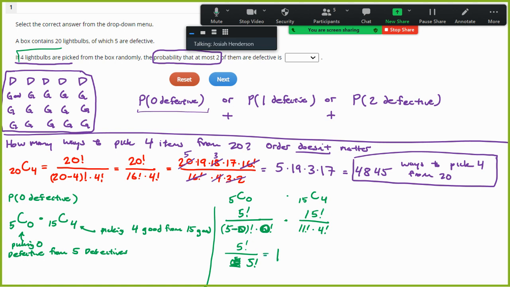Now for the one on the right, which is a little more interesting, 15 factorial. We expand that till it reaches 11. Because there's that 11 factorial on the bottom, so we can cancel those. So that's why we stop there. And then we've got 4 factorial, which is 4 times 3 times 2.